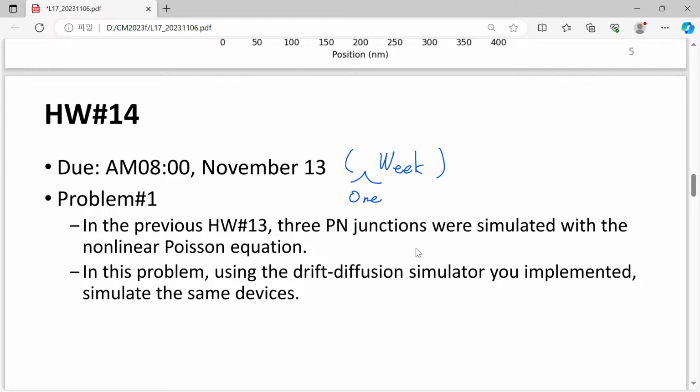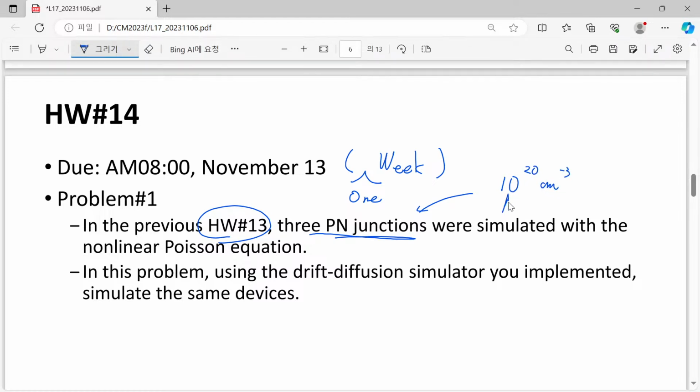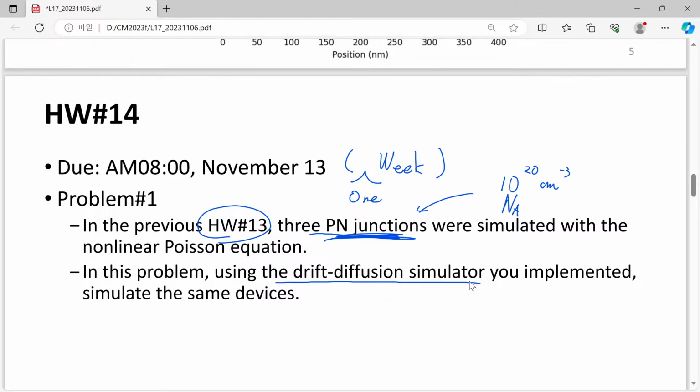Since you have already done it in your previous program, 3 p-n junctions, which means that you have the given donor density, however your acceptor density was varied in 3 cases, for those p-n junctions, please use the drift diffusion simulator.